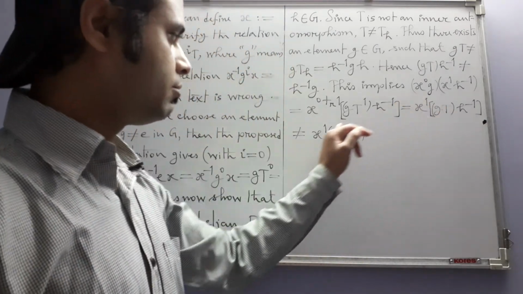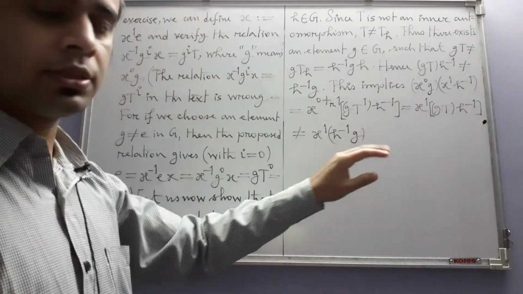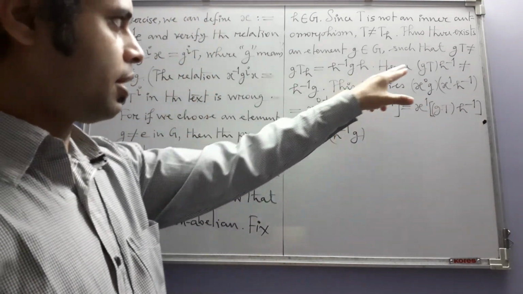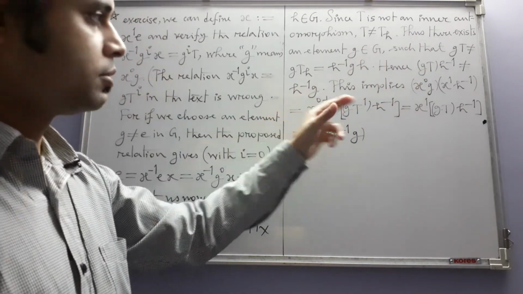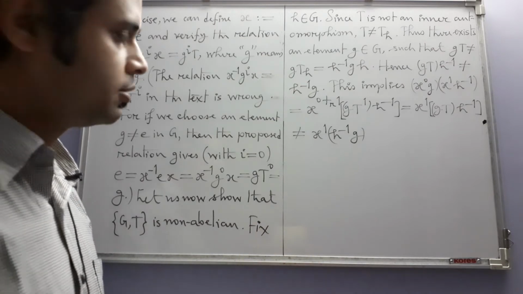Because although here we have 1 equal to 1, these two group elements in the group capital G are not equal. So the corresponding symbols are not equal in our constructed group.